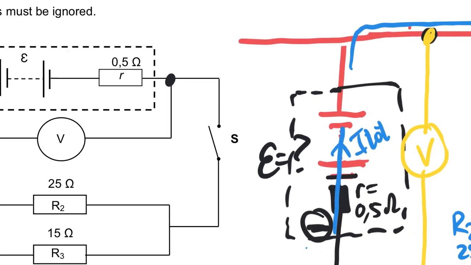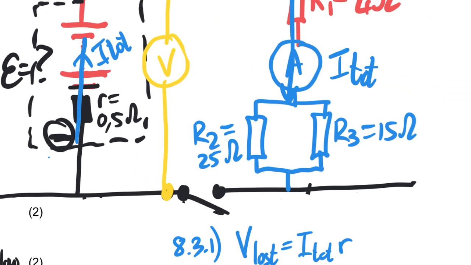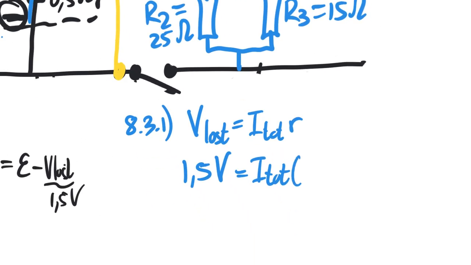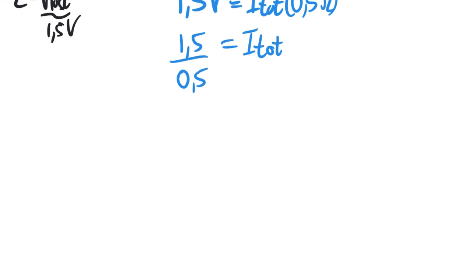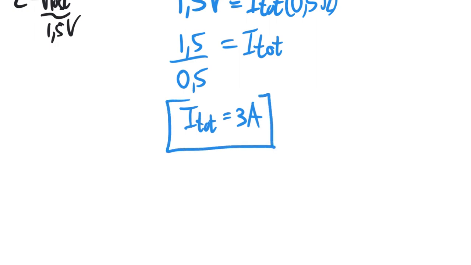So we now have that this is 5 ohms that we put in there, and now we divide both sides by 5. So 1.5 divided by 5 equals I total. And so therefore the ammeter is going to read 0.3 amperes. There we go.